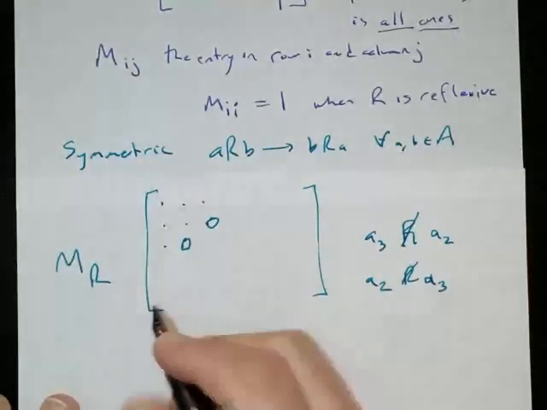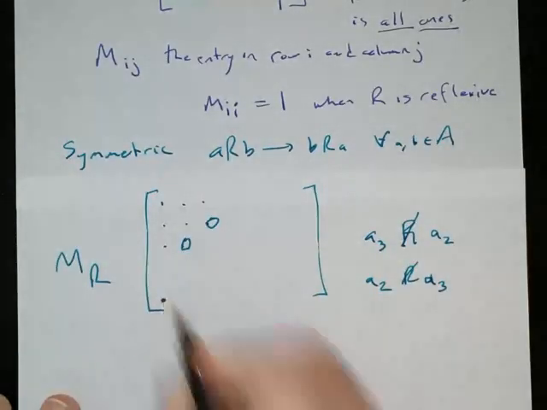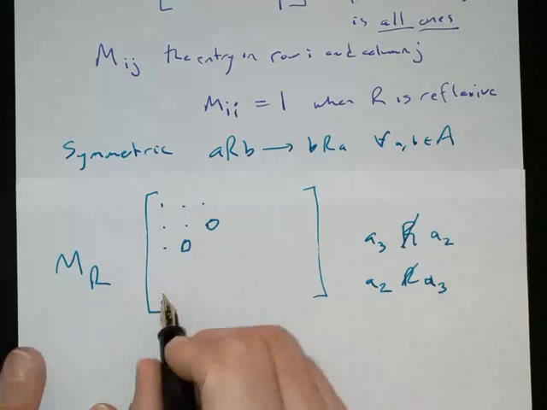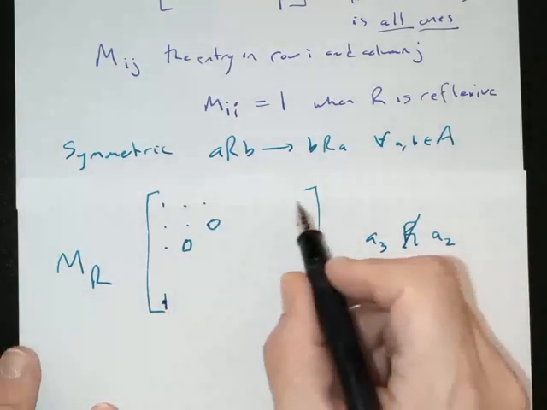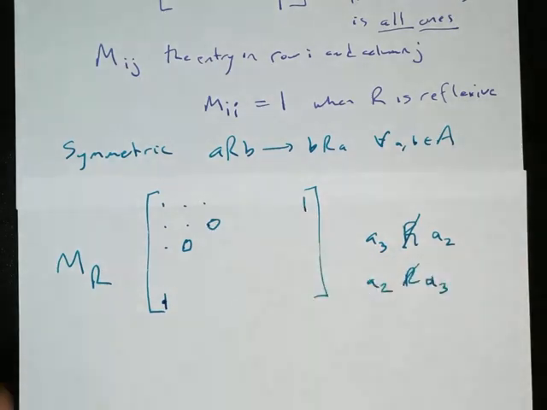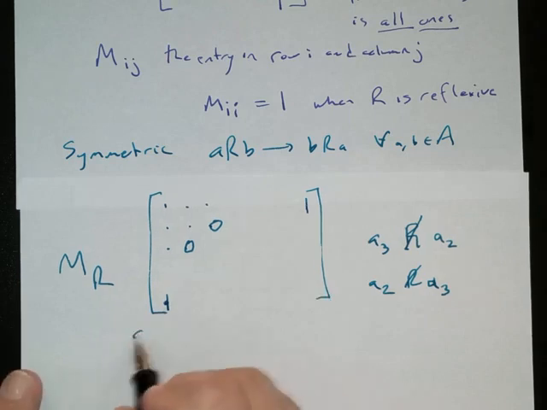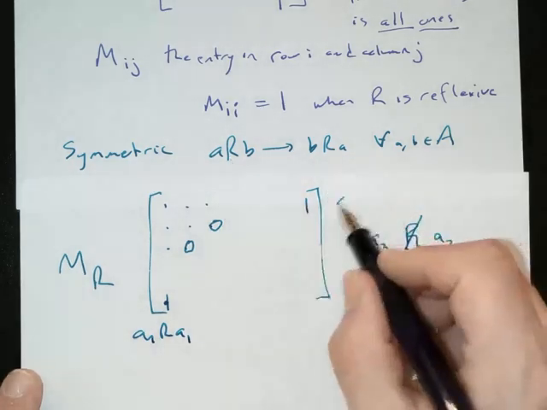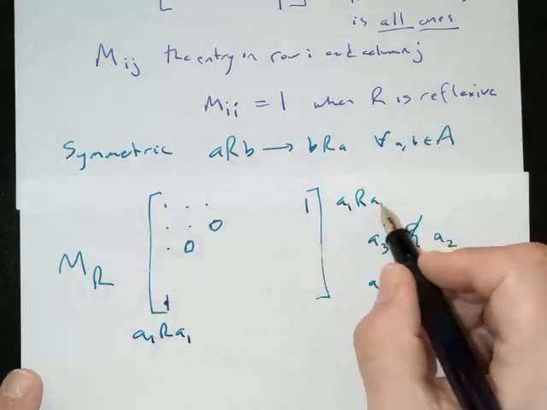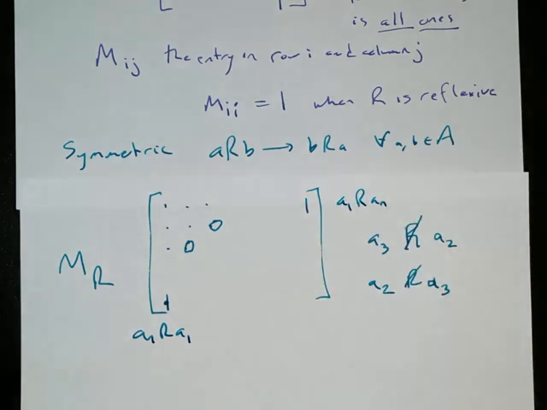Here, let's go down to the last row in the first column. If that's a 1, then way up here in the last column of the first row, there also has to be a 1. Because what this says is that AN is related to A1. If that's true, then A1 has to be related to AN.